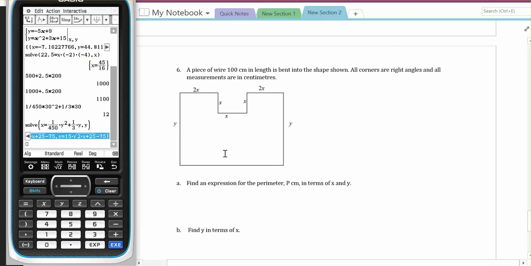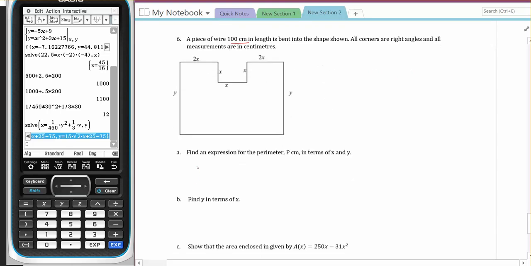A piece of wire is 100 centimeters in length, bent into a shape, with all measurements in centimeters. Find an expression for the perimeter in terms of x and y. So perimeter would equal, now I know this length would be 2x plus x plus 2x, because if I go horizontally, that's 2x, x, and 2x.